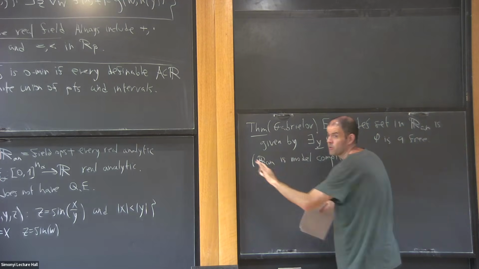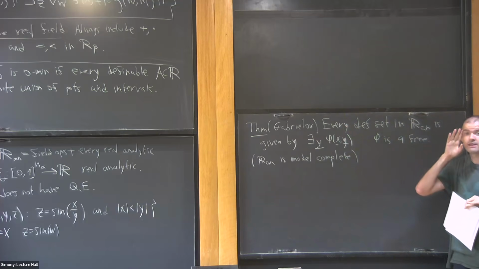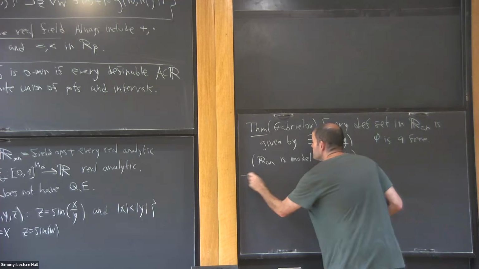More formally, with this language. So model complete means exactly this: every formula is equivalent to an existential formula, if you ever read some paper that uses it.